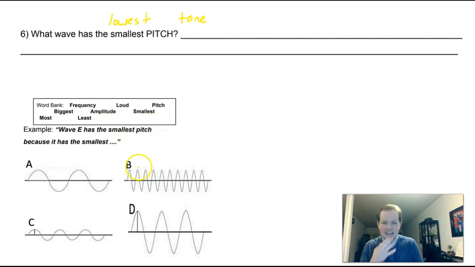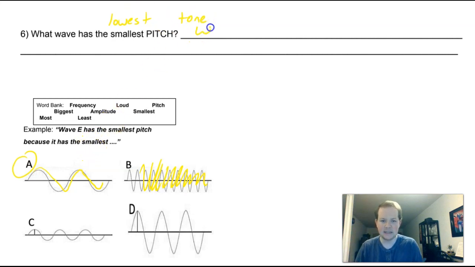Which wave do you think has the smallest frequency? Look at A. Nice and slow. B? Back and forth, back and forth. Not B. It is A. This one is difficult. A has the smallest or the lowest pitch because it has a slow frequency.